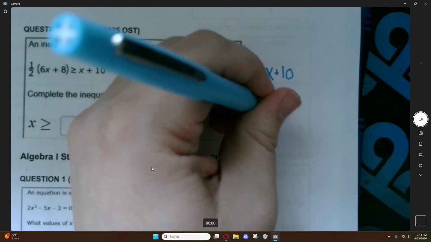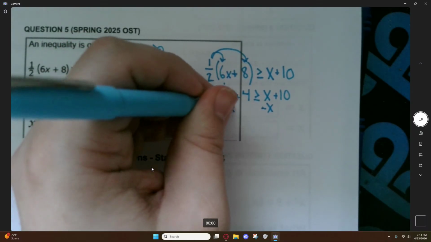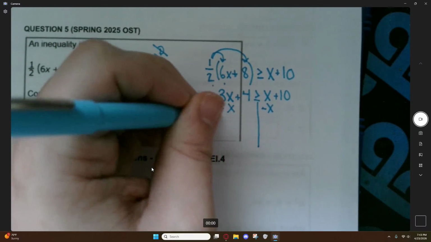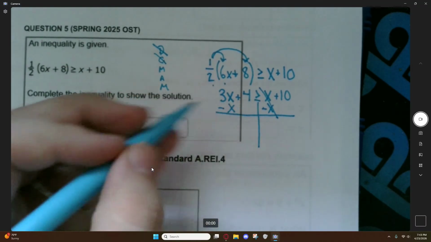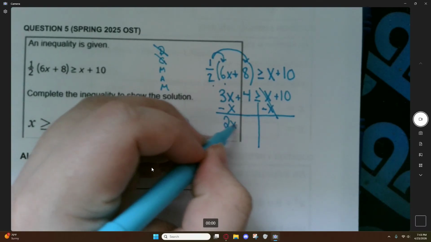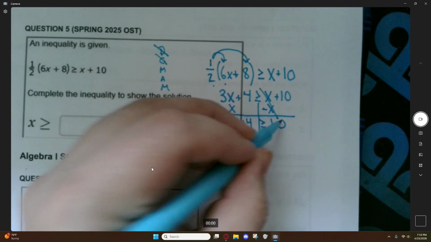Okay, so I'm going to move this x. I'm going to subtract x from both sides of the inequality symbol. X minus x cancels out. That leaves you with 2x plus 4 is greater than or equal to 10.